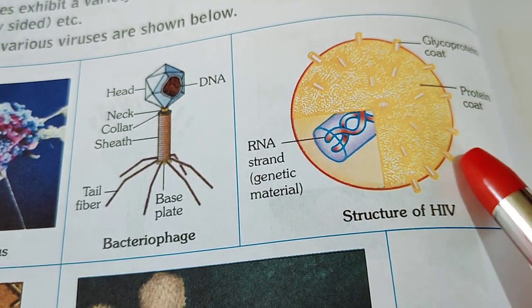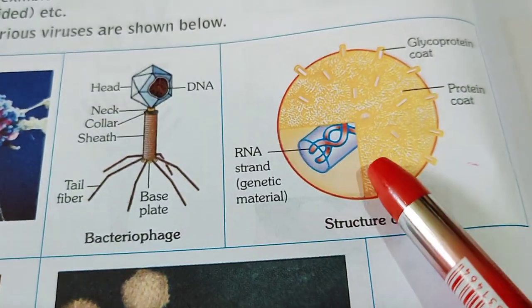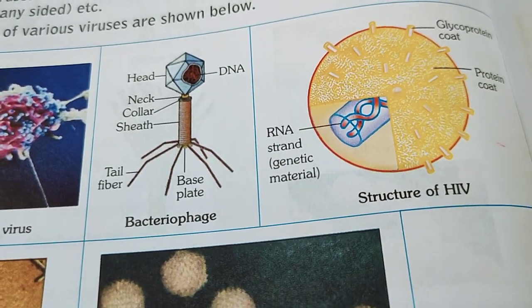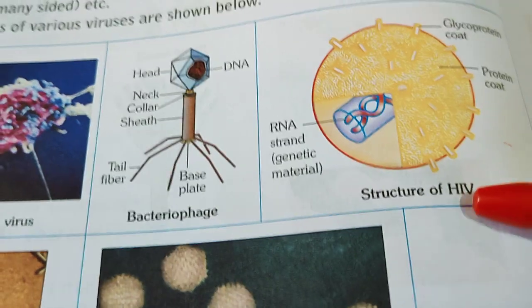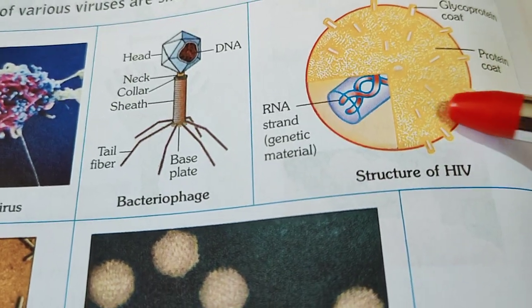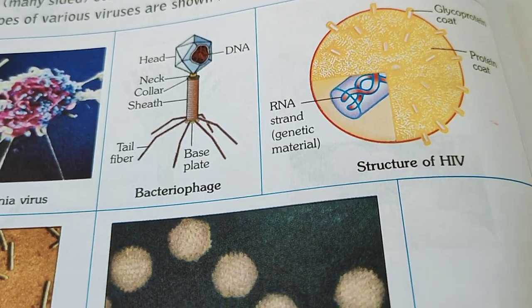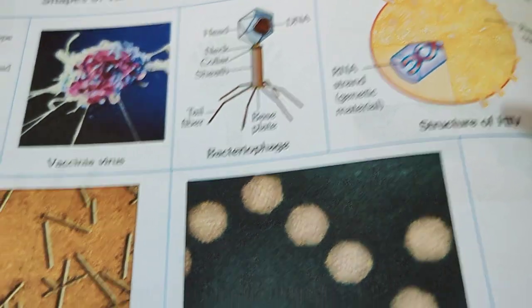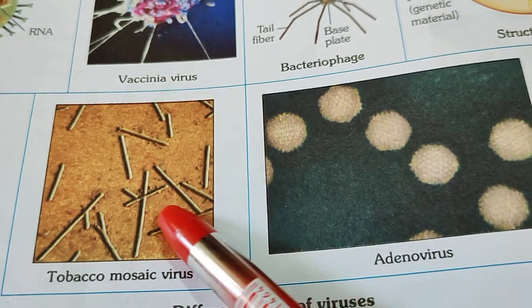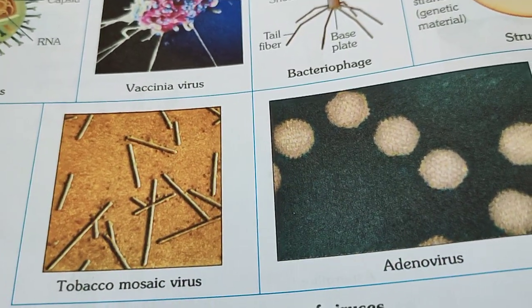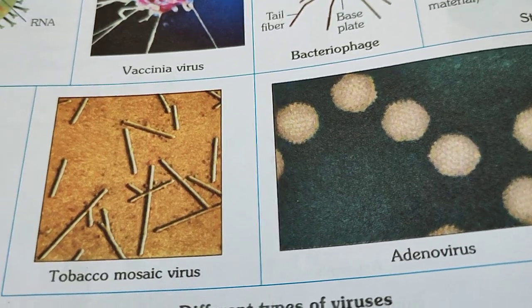Next figure is showing structure of HIV, human immunodeficiency virus, which causes the disease. Yes, any guess? What is the disease caused by HIV? Yes, you are right, it is AIDS. The next structure, we can see the magnified images of TMV, tobacco mosaic virus.